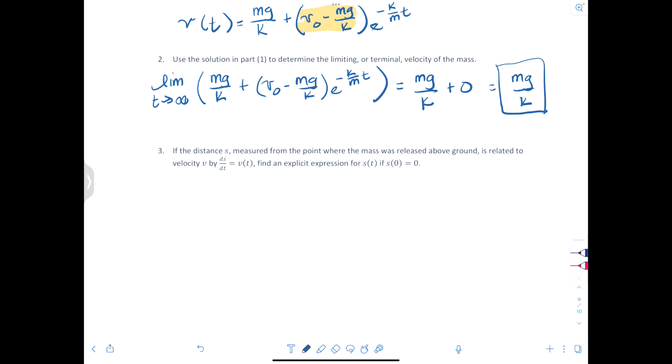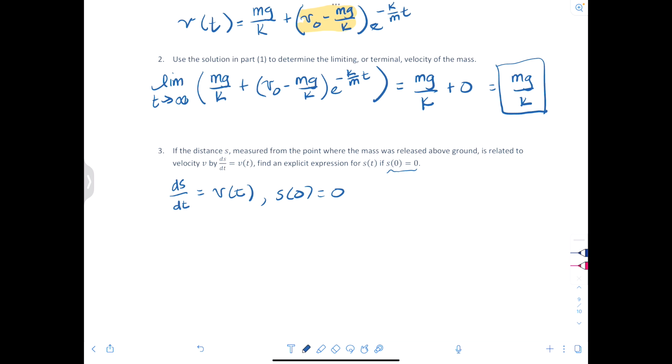All right, so now getting a little mathy again. If the distance s measured from the point where the mass was released above ground is related to velocity v by ds/dt equals v at t, find an explicit expression for s at t if s at 0 is 0. So we have this initial condition, but we can only use it when we find s. So we're working with ds/dt equals v at t, and our initial condition s at 0 is 0.